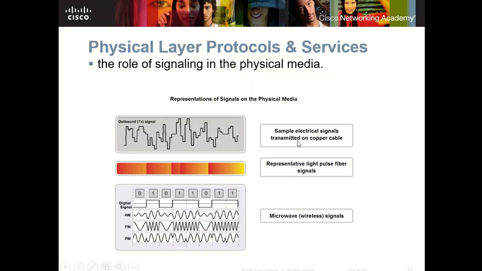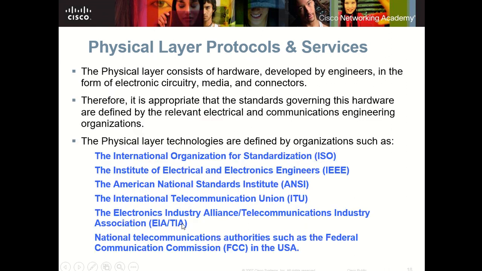When we say copper cable, this is the representation. If it's light, this is it. For microwave and wireless, this is the representation. For the data link layer, there are standards provided by the organizations that manufacture or create the equipment and standard services for the physical layer protocols and services.